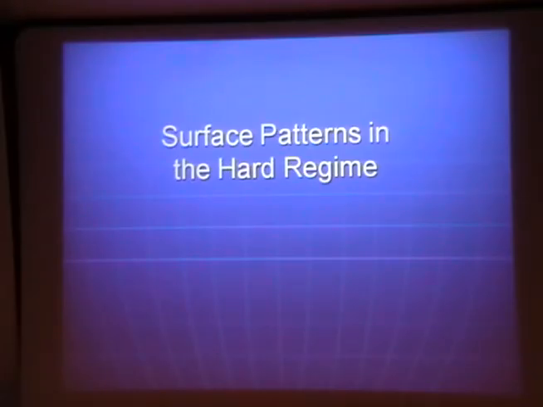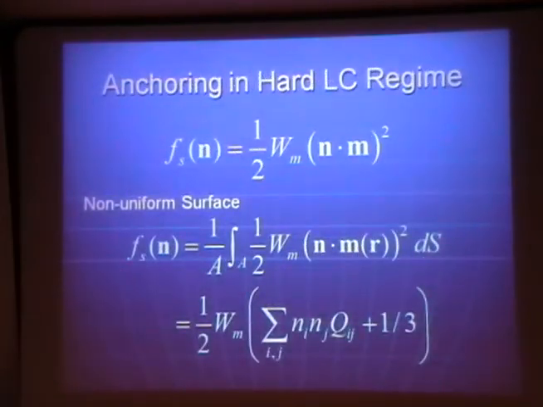I'm almost running out of time for the first part, but just quickly, I finished the surface balance in the hard regime. This is so simple: we simply assume uniform orientation regardless of whatever surface constraint the pattern gives. This is required by the simplest form of anchoring energy.